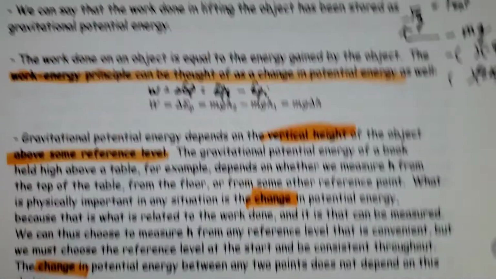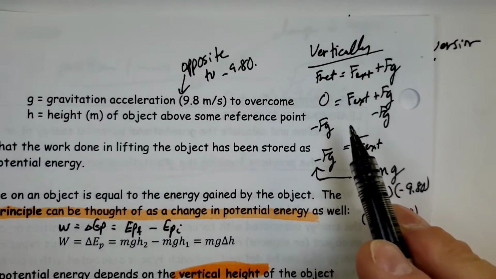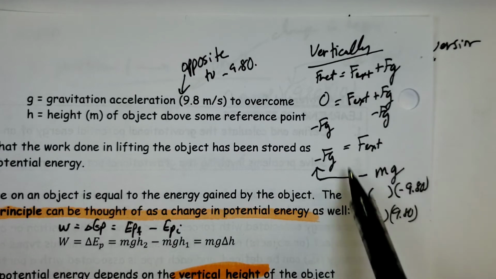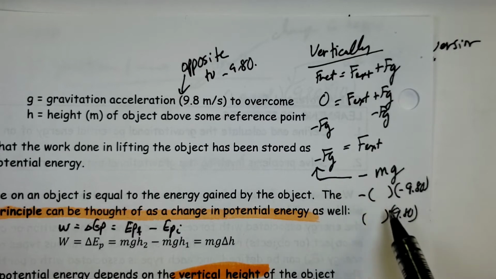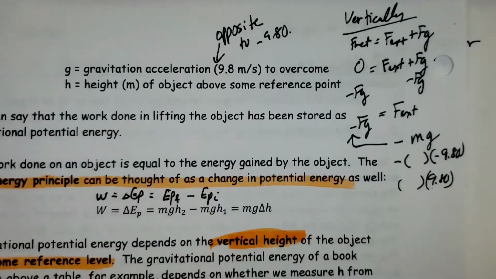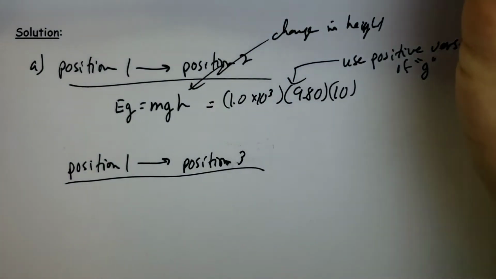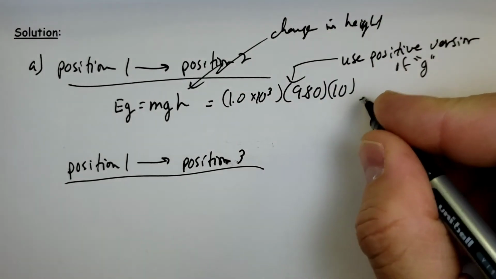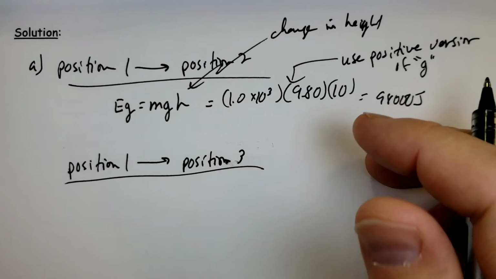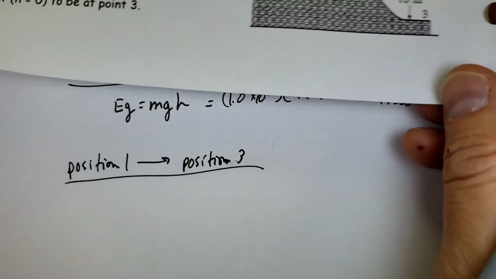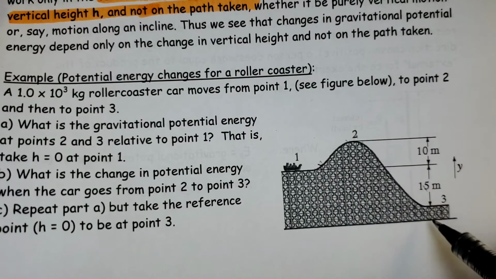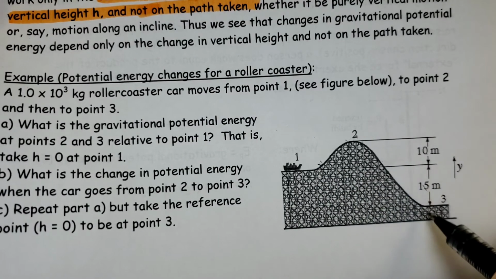So we don't have to do this rationale over and over again, like you could, but then realize that, oh, I'm lifting up against gravity, so opposite of negative 9.8, positive 9.8. That's a key thing you can do every time. So here we get 98,000 joules.